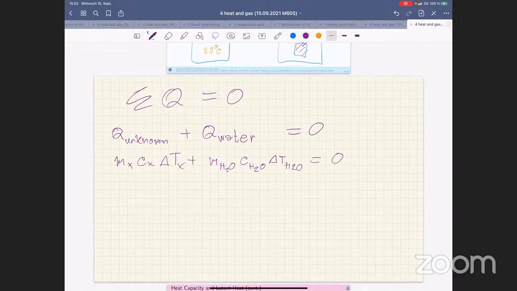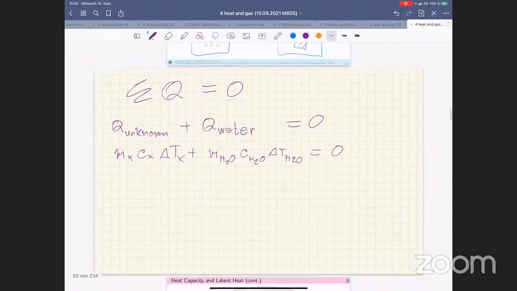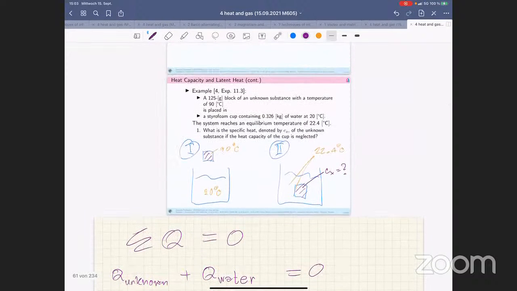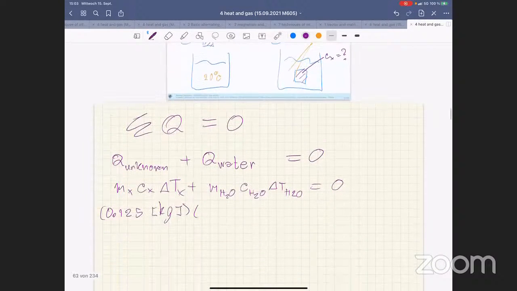The mass of the unknown object is 0.125 kilogram, and the specific heat of this unknown object is c_x, which we would like to know.